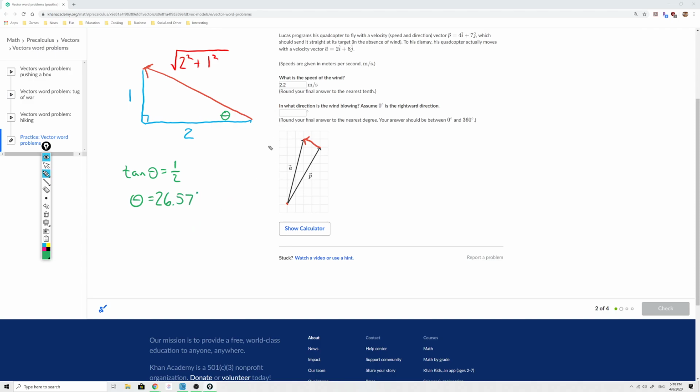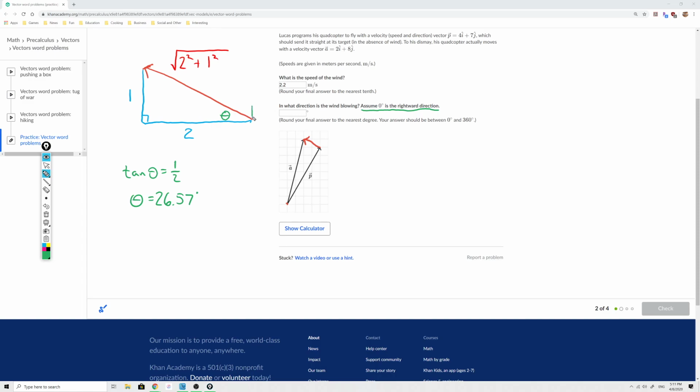And if you type that in, I would definitely get this problem wrong. And the reason is, if you read this parenthetical note, it says round your final answer to the nearest degree. Your answer should be between 0 and 360, which seems okay. But here's the really important part right here. It says assume 0 degrees as the rightward direction.